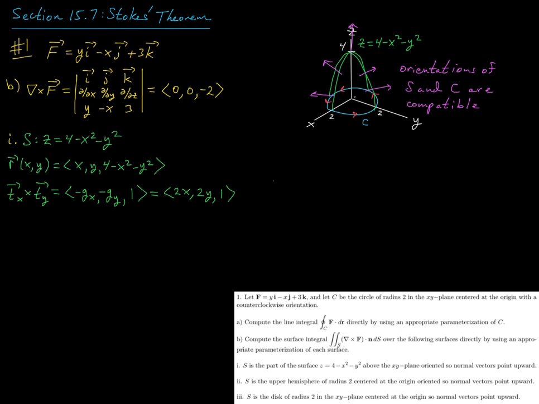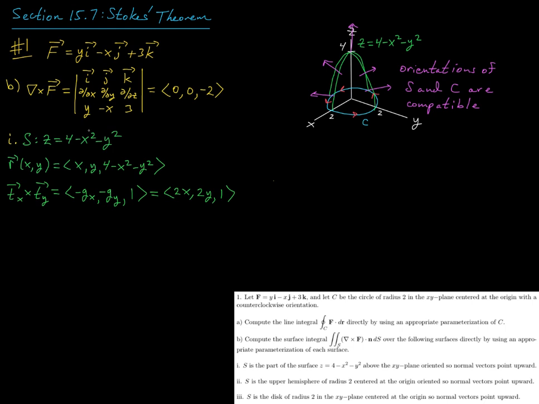Okay, so C is the boundary of this surface we're considering. And since we are orienting the surface so the normal vectors point outward, right, through our right-hand rule convention, the orientation of S and the boundary curve C are compatible.